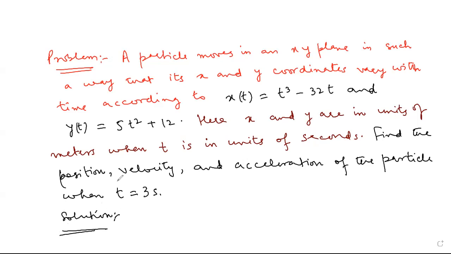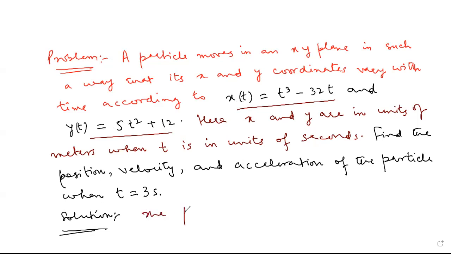Now, since the motion is in xy plane, the particle has x coordinate and y coordinate, and those coordinates are changing with time according to these functions. So if I have to write the position vector, we represent that by r. So let me use some other color.